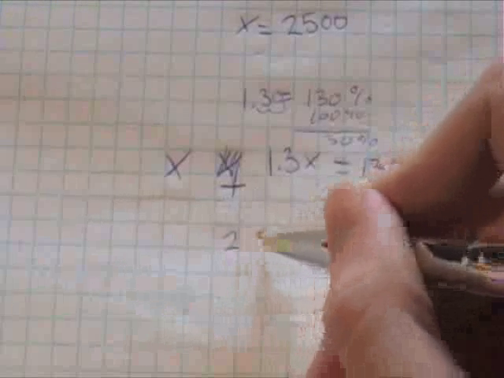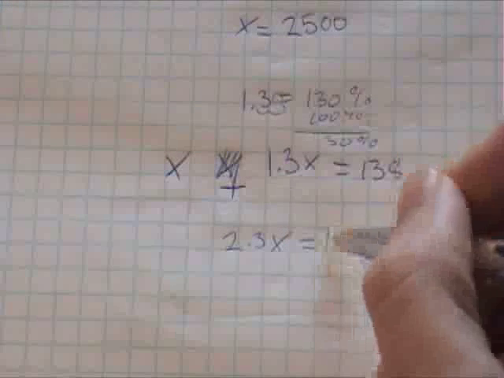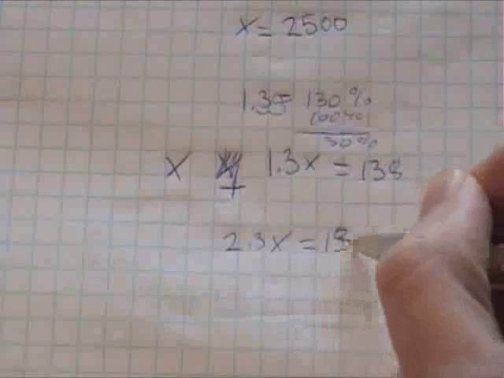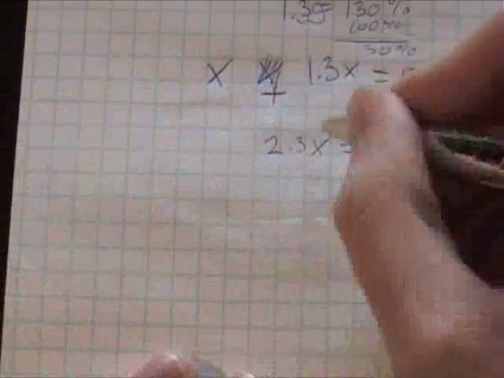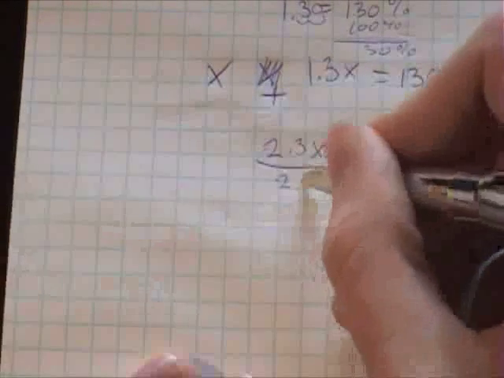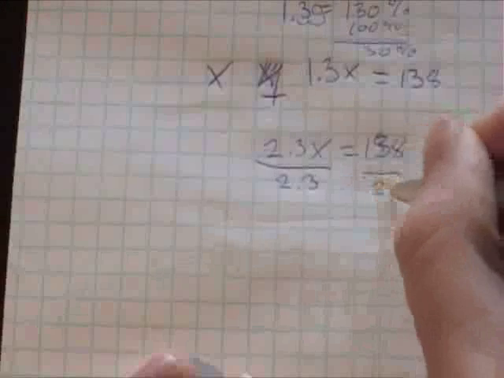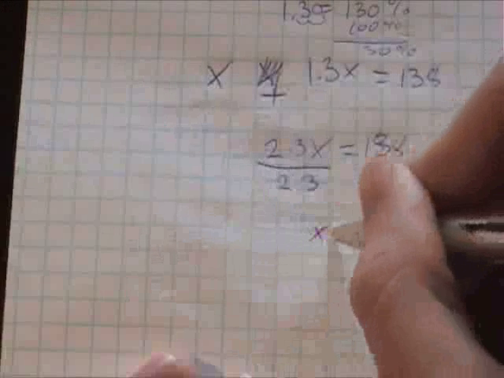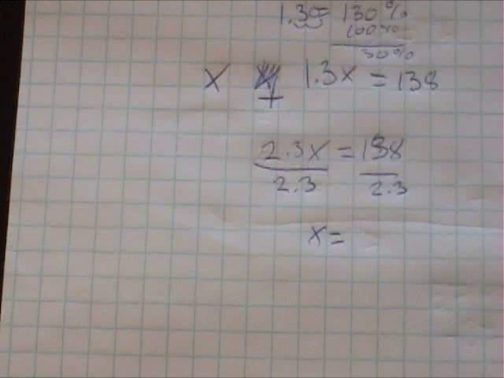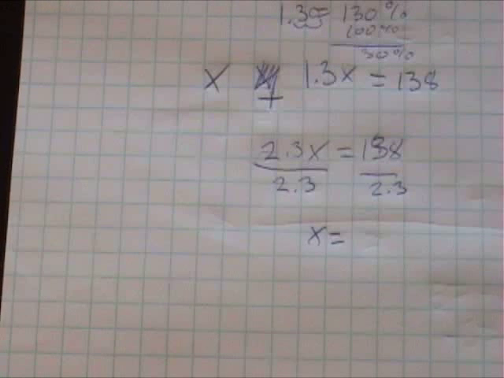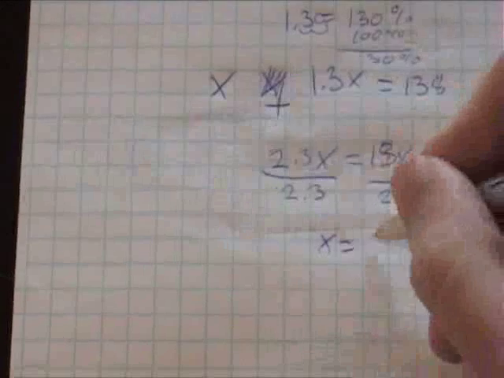So it's 2.3x equals 138, and divide by 2.3, and you get x equals 60.